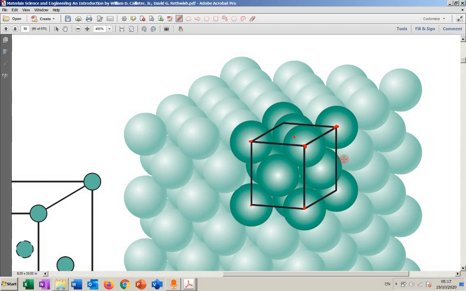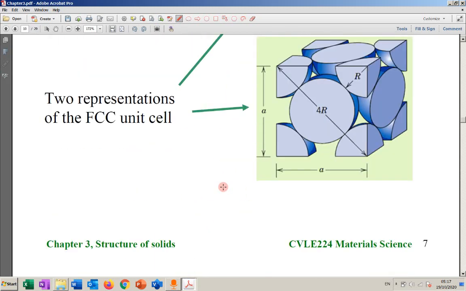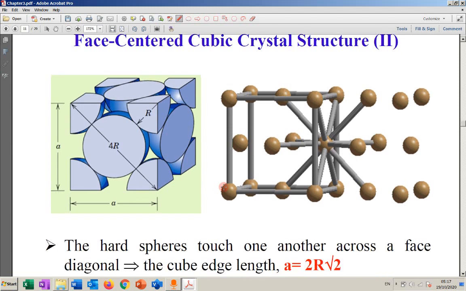Now let me show this in a different way. I have this one in 3D. I made them with some spheres, basically. It's easy to understand how those atoms are arranged.